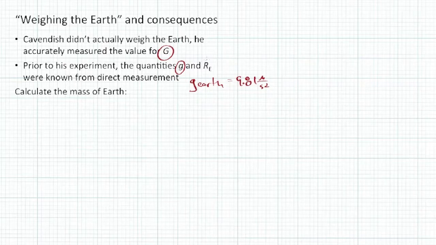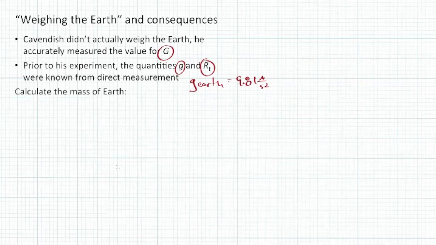Believe it or not, the radius of the Earth was also measured directly as well, using geometry and trig. But Henry Cavendish enabled us to actually do it mathematically. So we're going to calculate the mass of the Earth based on Henry Cavendish's calculation of G.